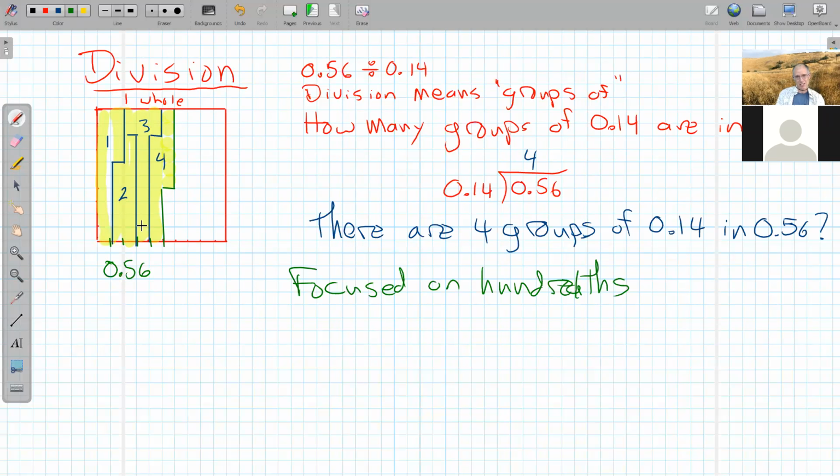And so I'm thinking about these as individual objects. And so the point is that 14 hundredths goes into 56 hundredths means the same thing as 14 goes into 56 how many times? And we get 4. They mean the same.